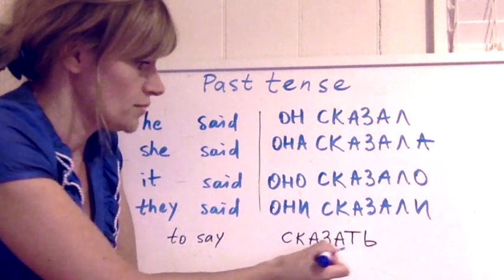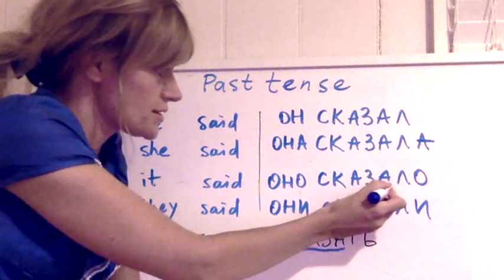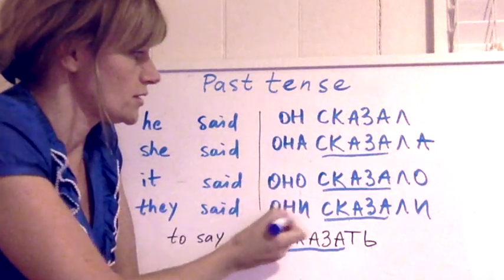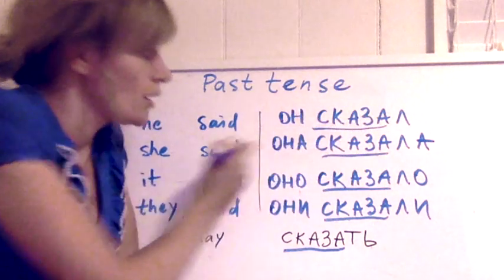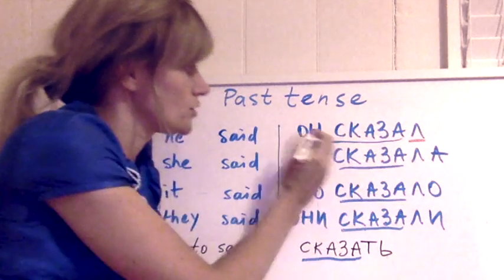So this stem, сказа, is the same for he, she, it, they, but the ending is different.